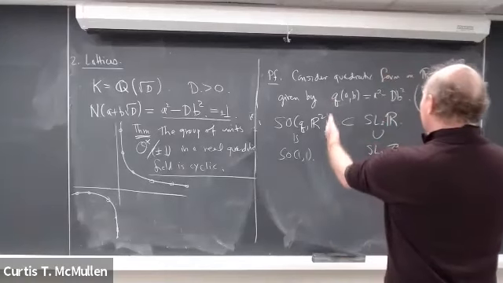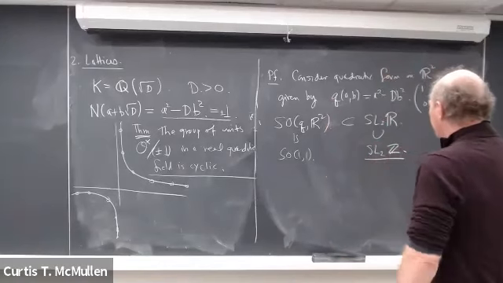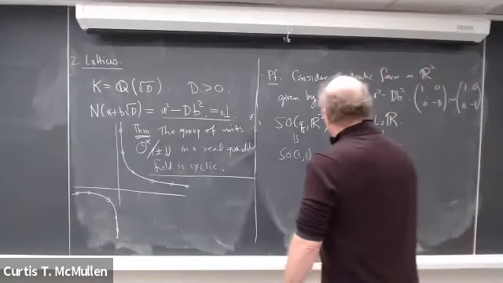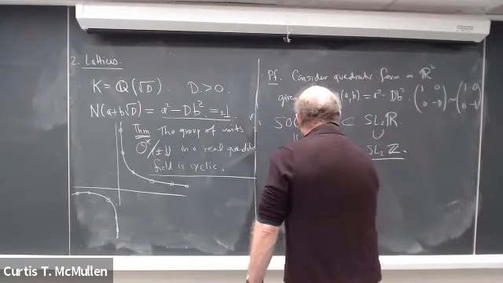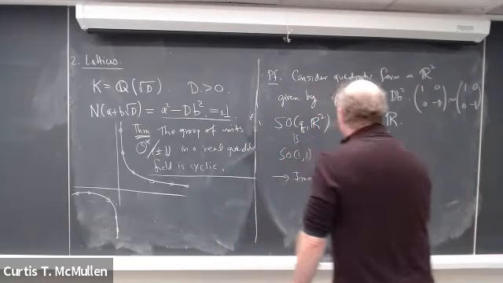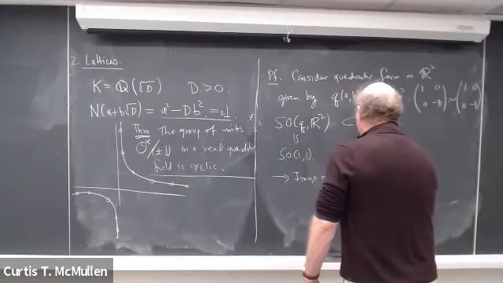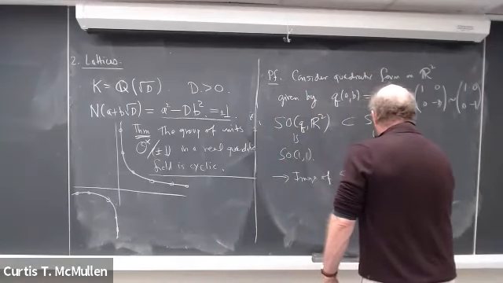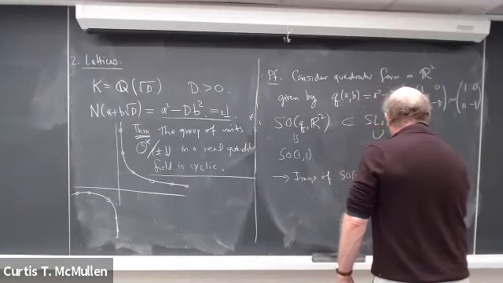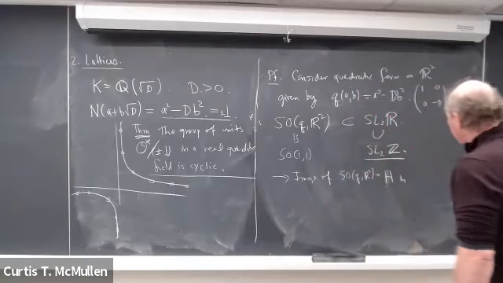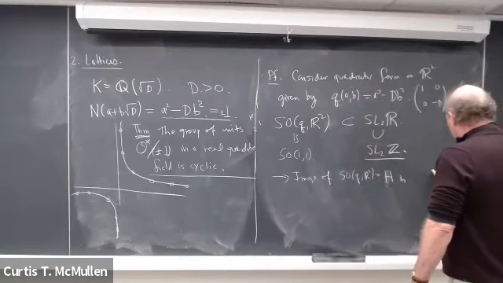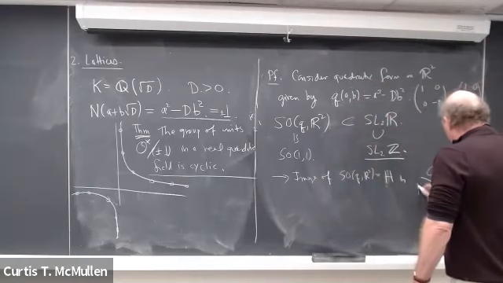And so the study of this form boils down to the study of the image of SO(Q)(R2), which I'm going to call H, in the space of lattices G mod gamma.